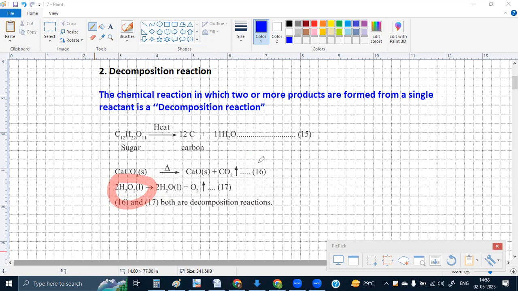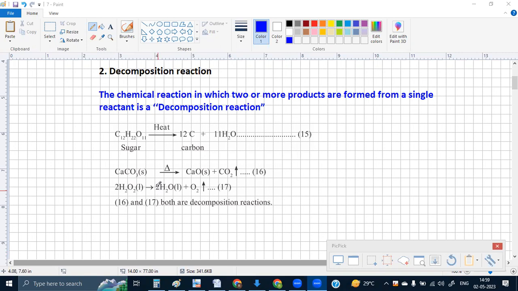It has to be stored in a dark bottle. Why? Because if light falls, then this oxygen will escape out in the atmosphere and only water will remain in the bottle. So here light is going to be the factor that is going to cause this reaction.